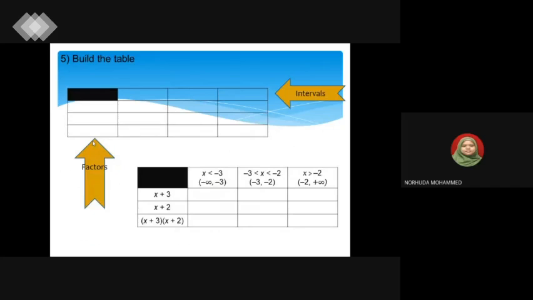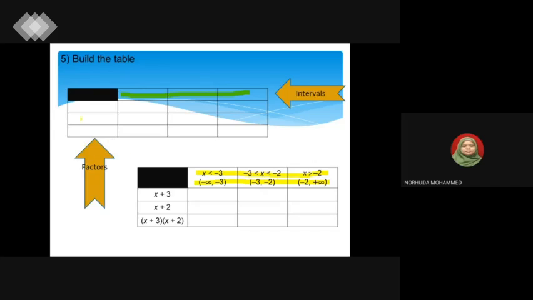Okay, step number 5, the table. At row 1, this one we call it a row. Row 1 is the interval, so we put the intervals we got earlier.